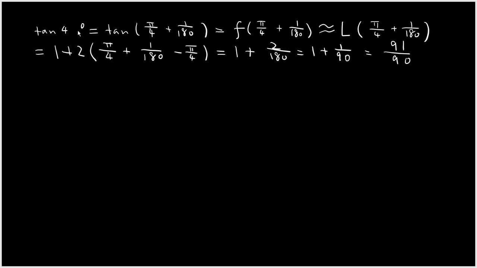To approximate tan of 44 degrees, I believe the conversion is going to be something like the following: pi over 4 minus 1 over 180.